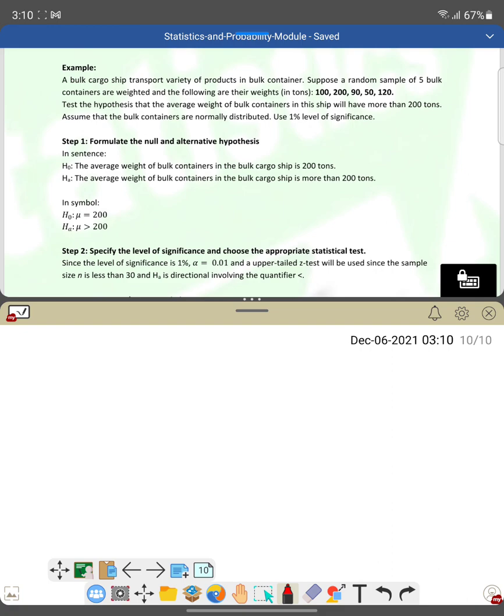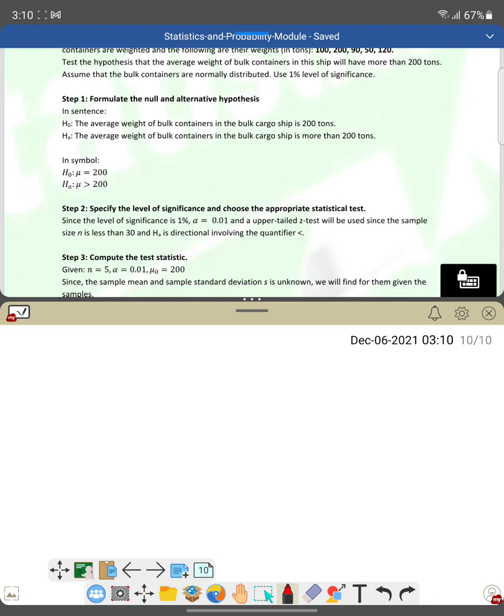Take note of our statement above. In symbols, we have population mean equal to 200 for the null. For the alternative, the population mean is more than 200, or population mean is greater than 200.